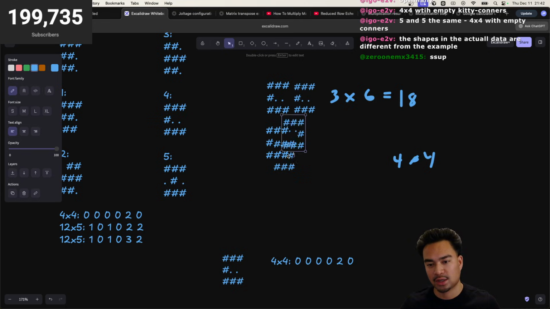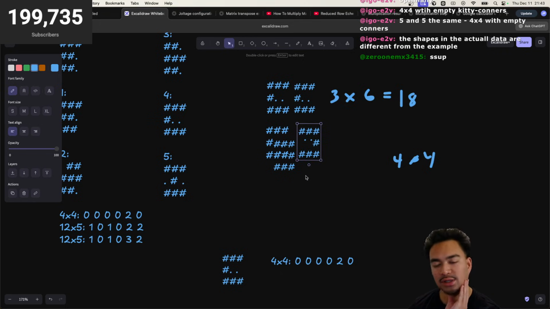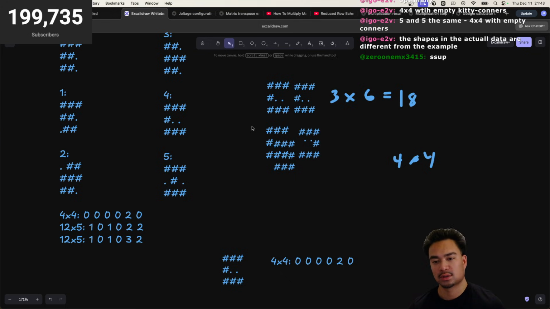If you stack it here or in this corner, it's going to make things worse. So I think you need to compact them, and then the rotation doesn't even matter because you can just compact them like this. You just need to figure out how to pack them as much as possible.